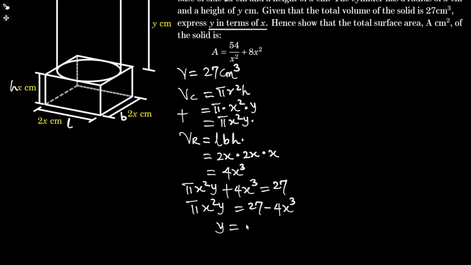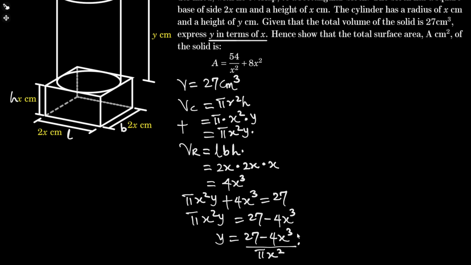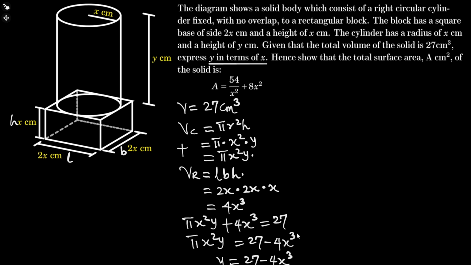Now y equals 27 minus 4x cubed divided by pi x squared. Now we have fully dealt with the volume.